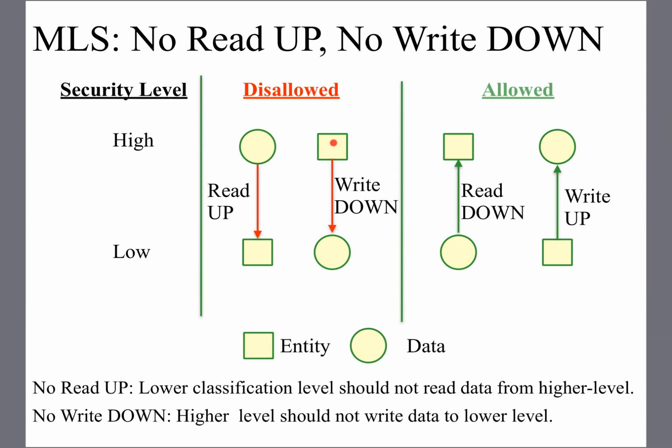Now you can ask whether the hard disk has high security clearance or not, right? If that was allowed, if that was not treated as a write down operation, then he was able to take those hard disks and walk out of the building past security guards who didn't check his bags.